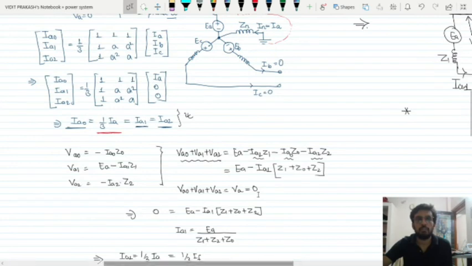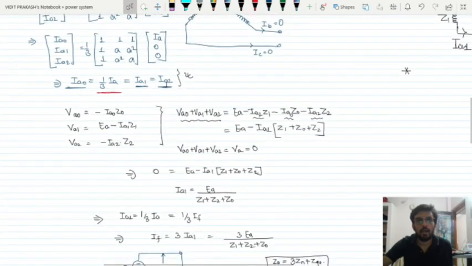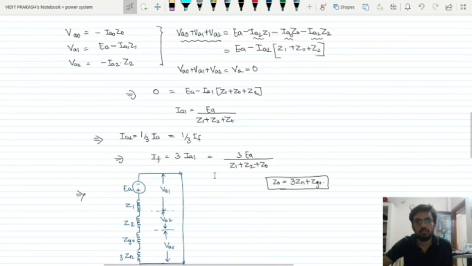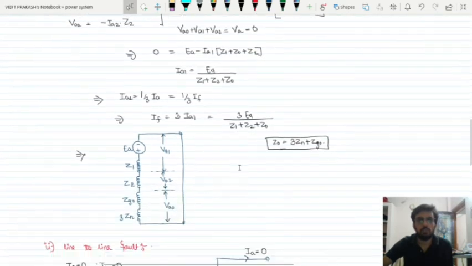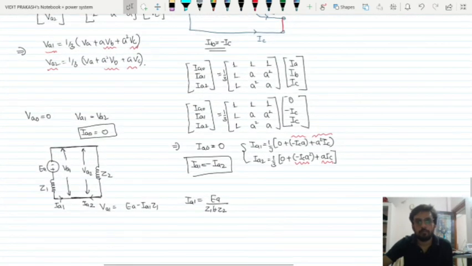Negative sequence current is available in unsymmetrical fault. See here, IA2 is nothing but equal to IA1, right? So IA1 is EA divided by Z1 plus Z2 plus Z0, and IA1 is equal to IA2. So we can tell that IA2 is equal to EA divided by the summation of sequence impedances.